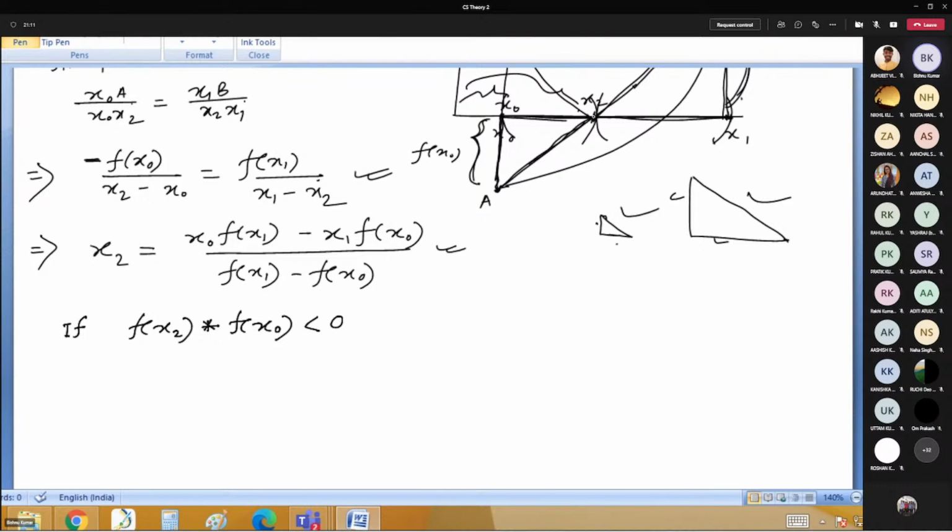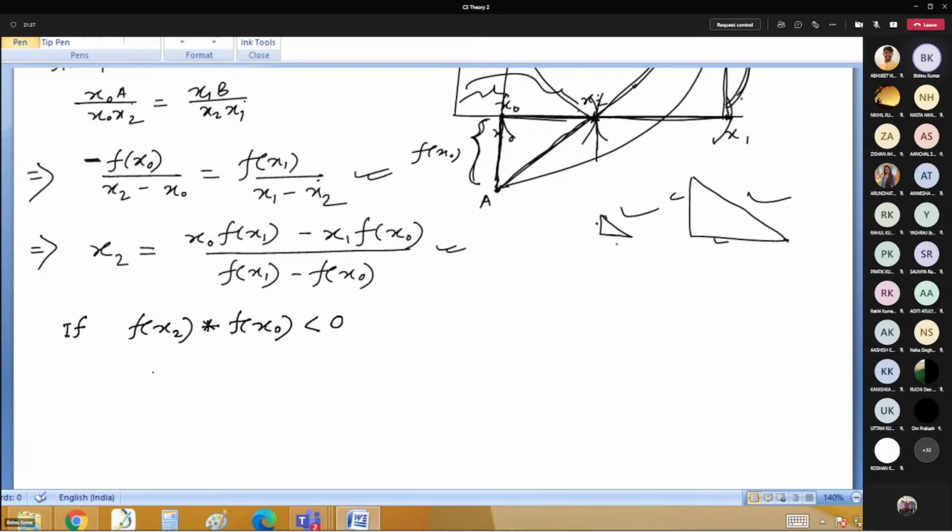In this graph it is not less than 0, because f of x0 is negative, and at x2 the functional sign is also negative. So in this case both are negative, so their product is positive. Anyhow, suppose this is negative, then you will select this subinterval, x0 to x2.